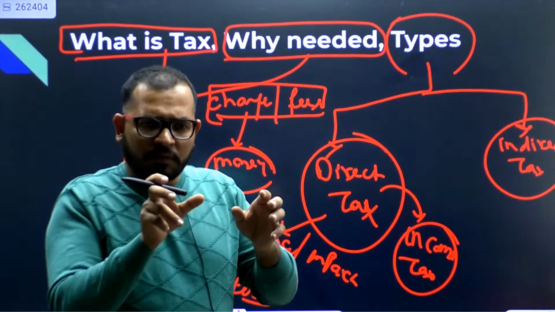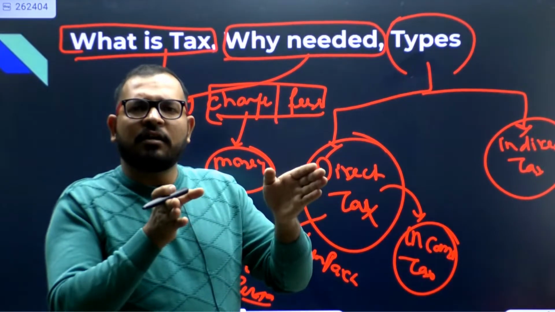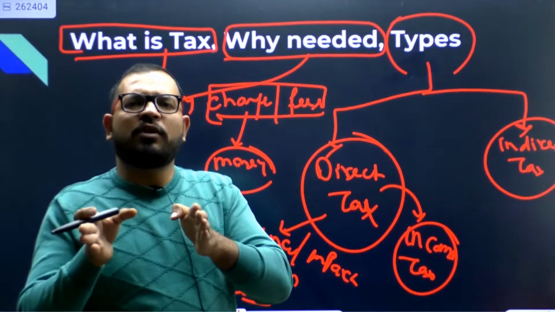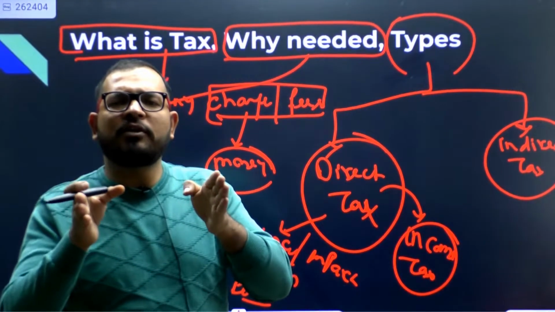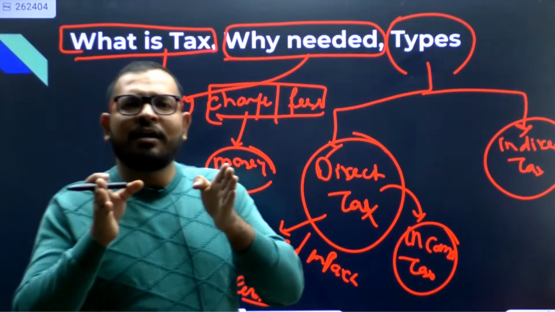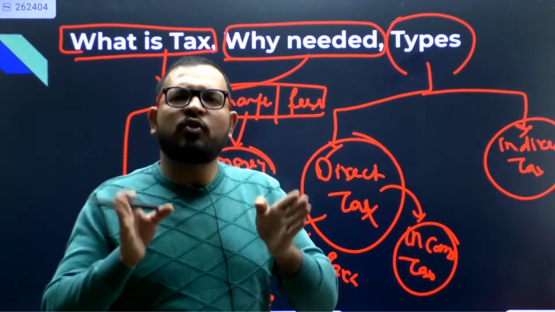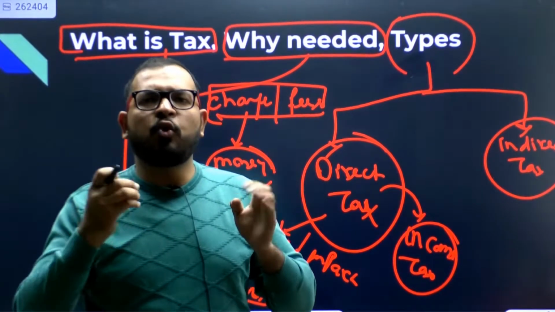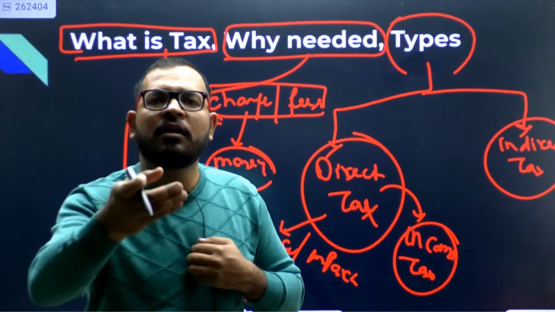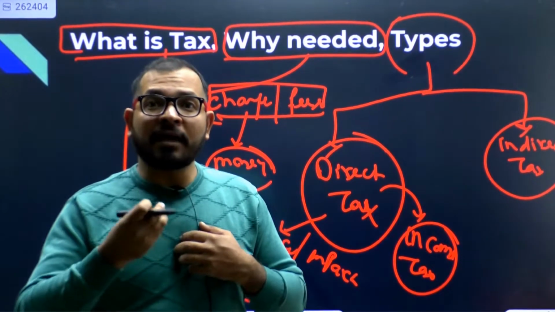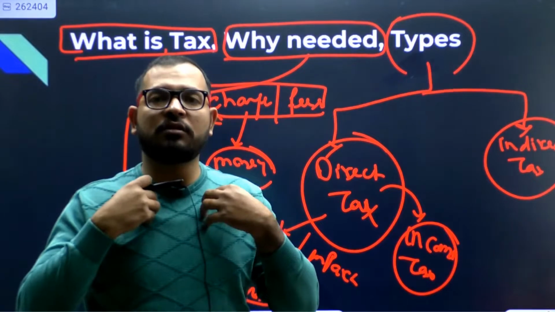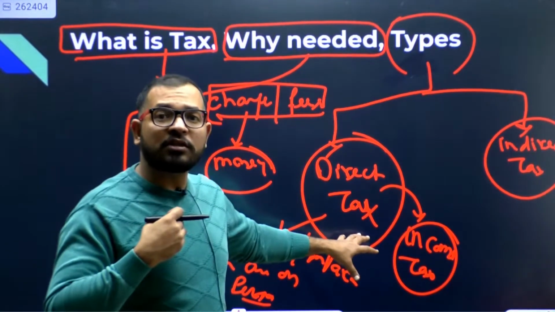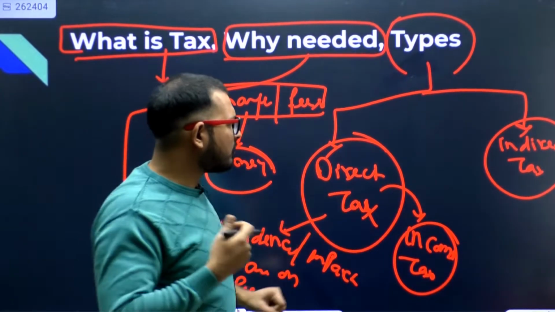Up to 3 lakh of income is exempted. After that, you have to give 5% of the remaining income to the government. So almost 10,000 rupees of income tax you have to pay to the government. So who is paying? I am paying. Incidence is on me. Impact: my money is deducted. Who is impacted? Me. So both incidence and impact are on the same person. This is the income tax.